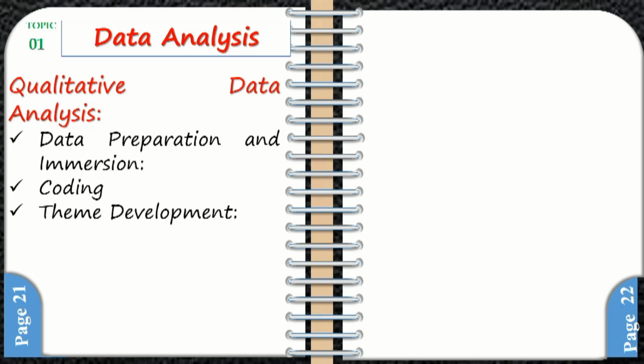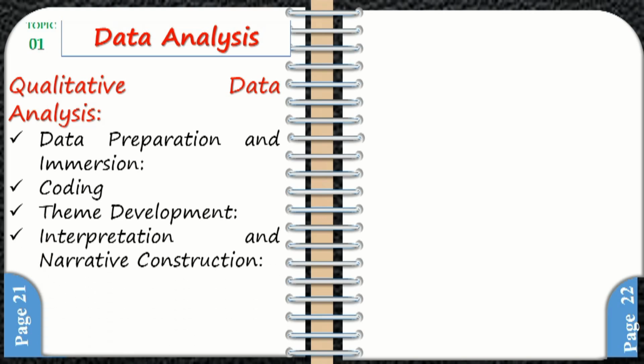And then finally, the researcher does what we call theme development. The codes are sorted and clustered into potential themes. A theme is not just a frequent topic, but a meaningful, coherent pattern that captures something important about the data in relationship to the research question.